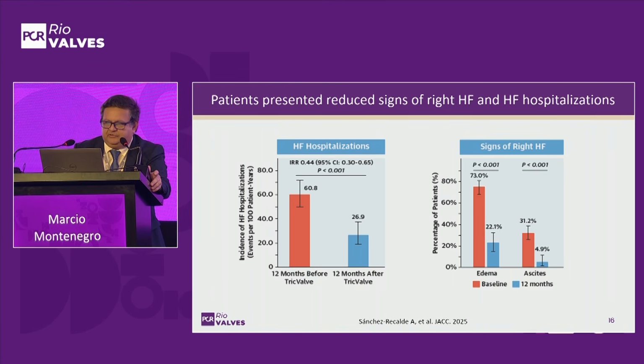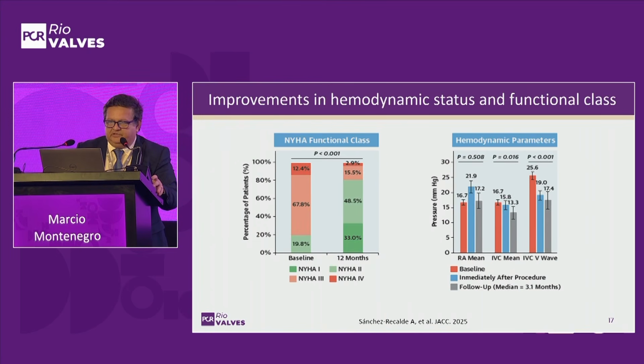When you compare before the procedure, the heart failure hospitalization was 60%, and after 12 months, it dropped down to 26.9%. The signs of right failure, edema or ascites, went from 73 to 22 for the edema, and the ascites from 31 to 4.9. So, so impactful after implant of the TricValve.